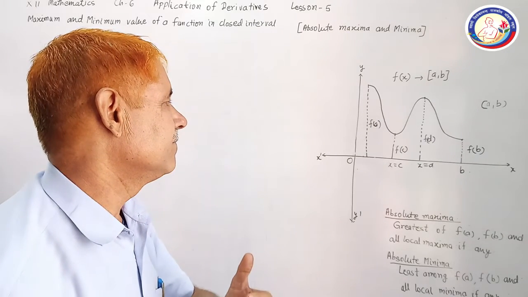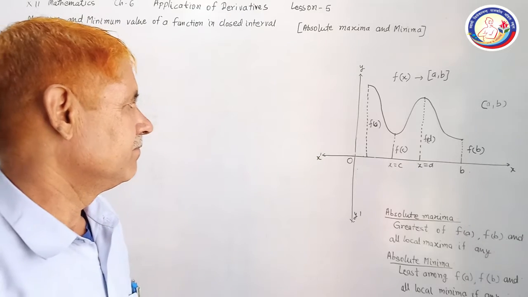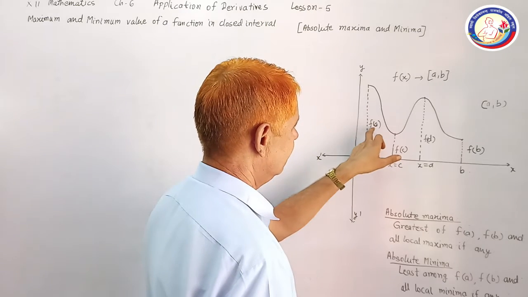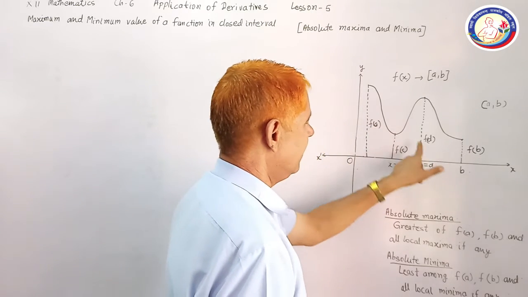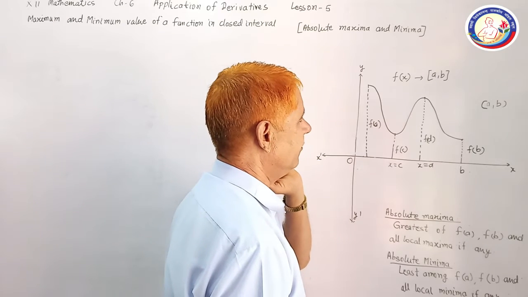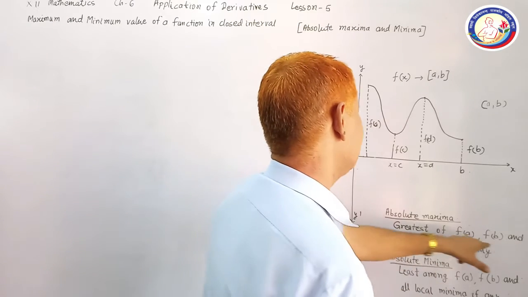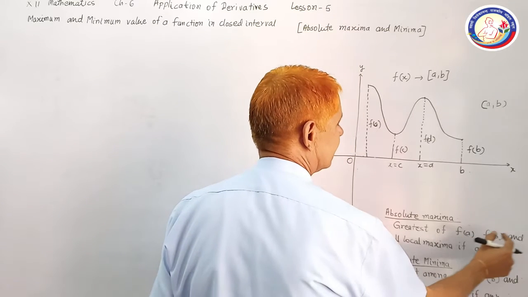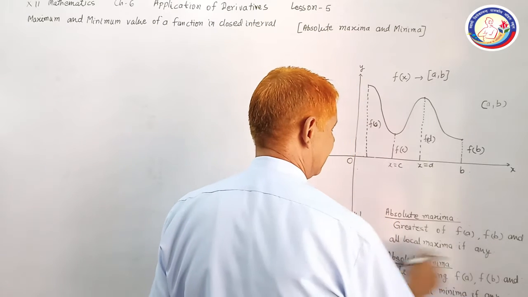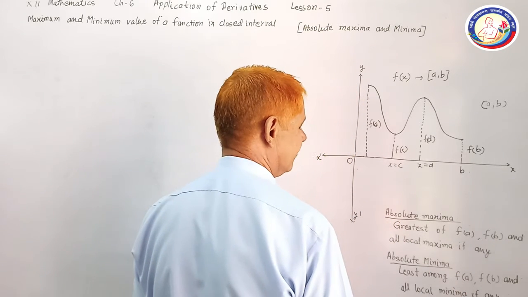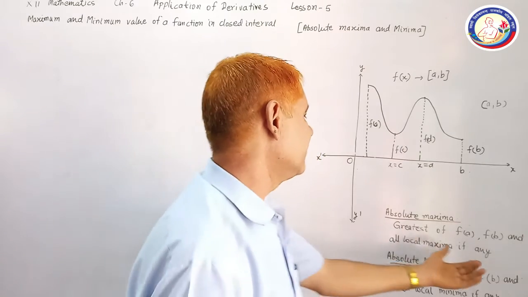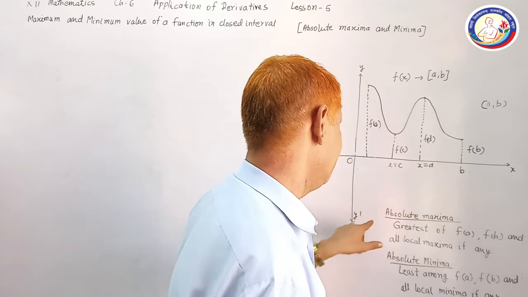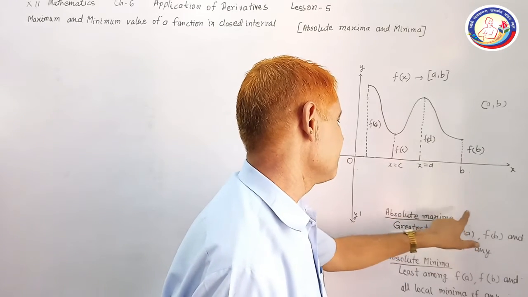If we determine the value of the function at the extreme points and any existing maximum values, and choose the greatest among them, that is, the value of the function at the lower limit, at the upper limit, and any maximum value or more than one maximum value, then the greatest among these values will be called absolute maxima.